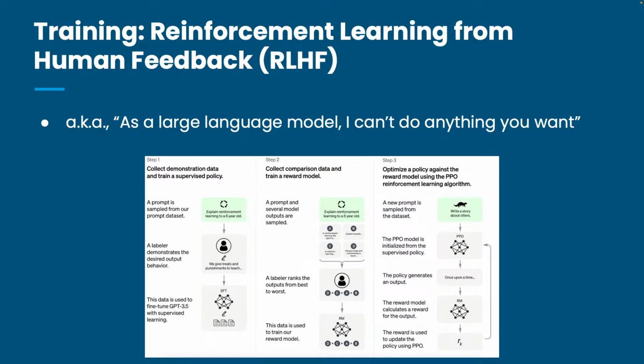And we have this third and final stage called reinforcement learning from human feedback. And this is that part where sometimes if you ask ChatGPT, how do I make cocaine? It'll say, sorry, I can't help you with that, right? How do we get the model to deny unsafe requests? And the way we do it is through this technique called reinforcement learning from human feedback.